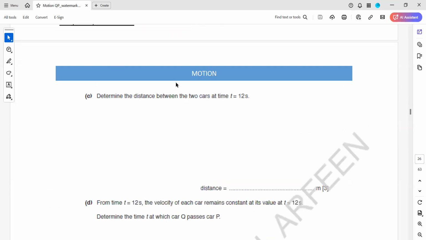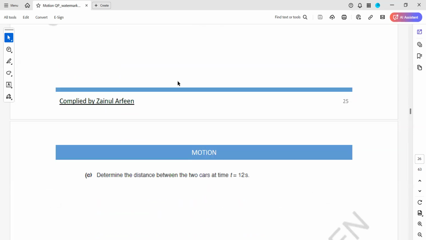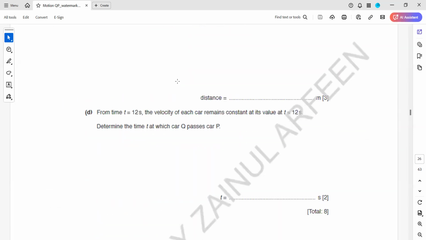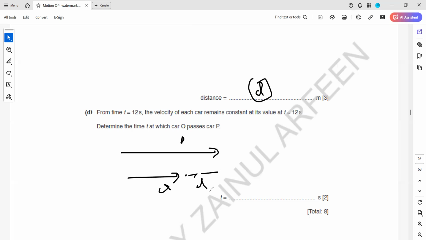So we need the distance between the two cars, as we determined, with P there and Q there, and the distance between the two cars will be worked out by first working out the area under the graph.